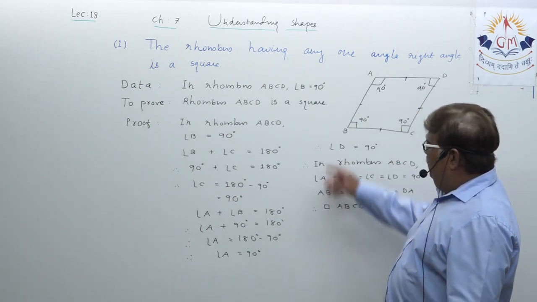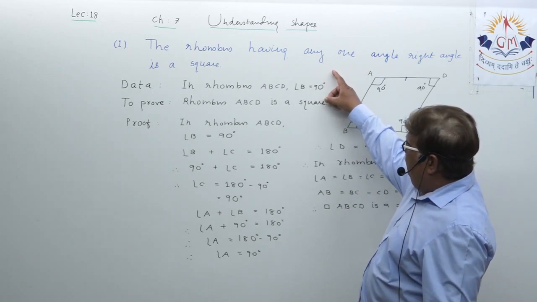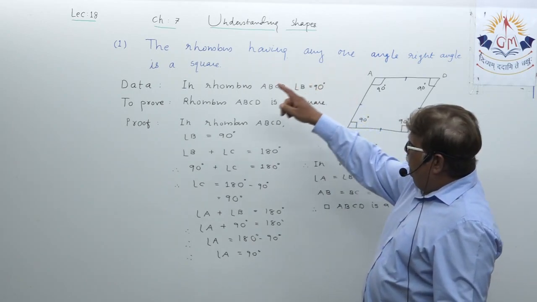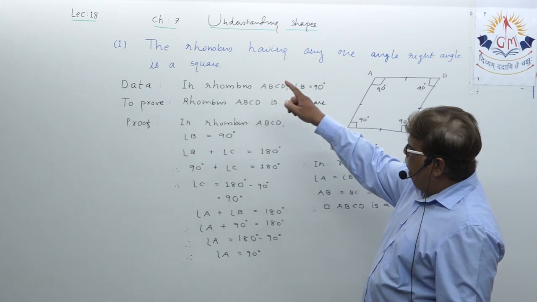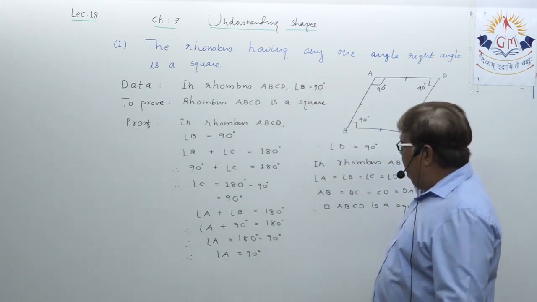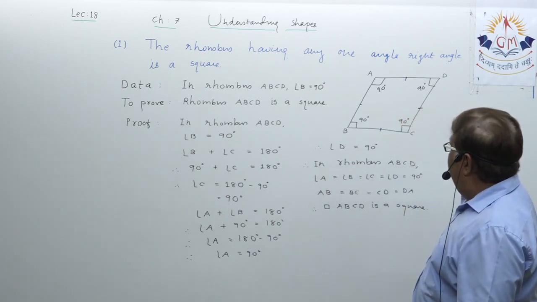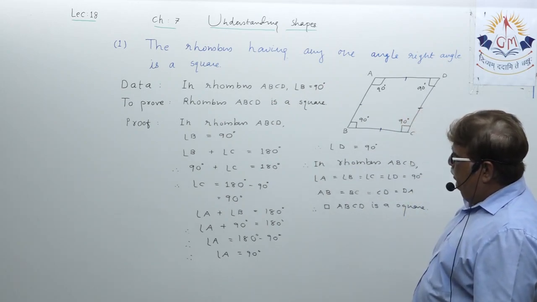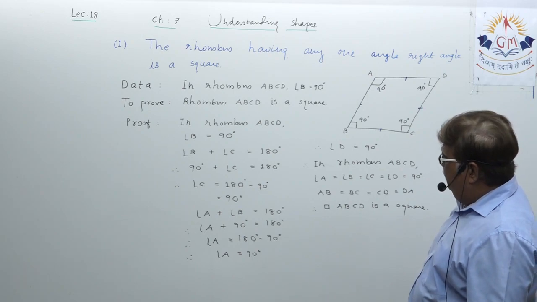In exam or in test, if I am going to ask, it will involve only this statement: prove that a rhombus having any one angle right angle is a square.